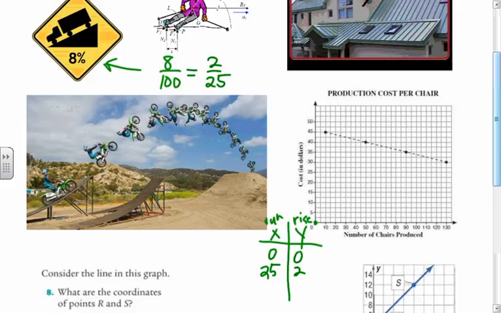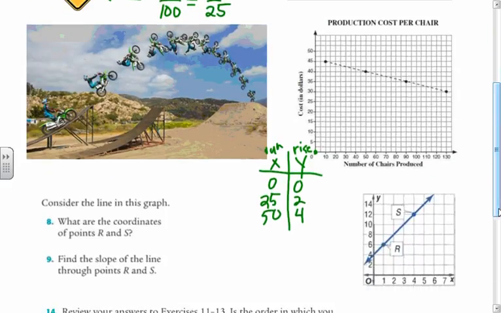If we continue another 2 miles, we'll add another 25. So we get these ratios and keep going. 6 would be 75. 8 would be 100. There's our 8 out of 100. 10 would be 125.